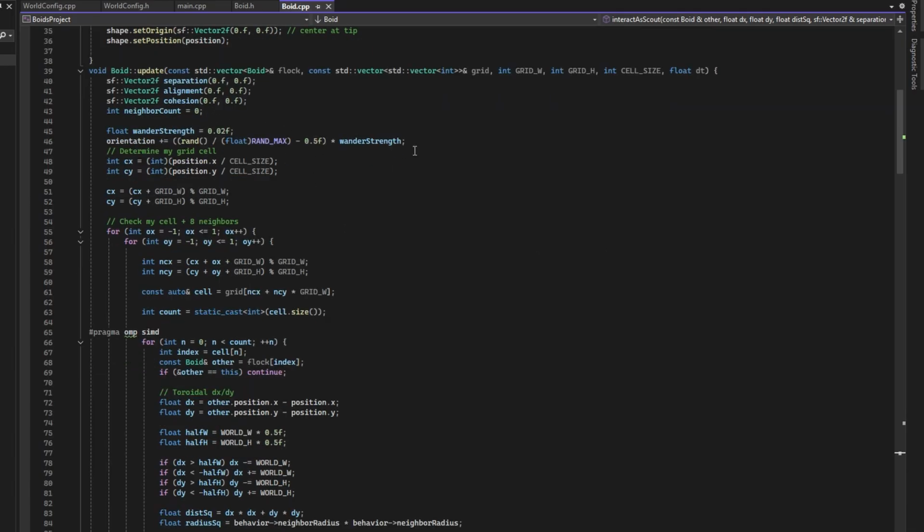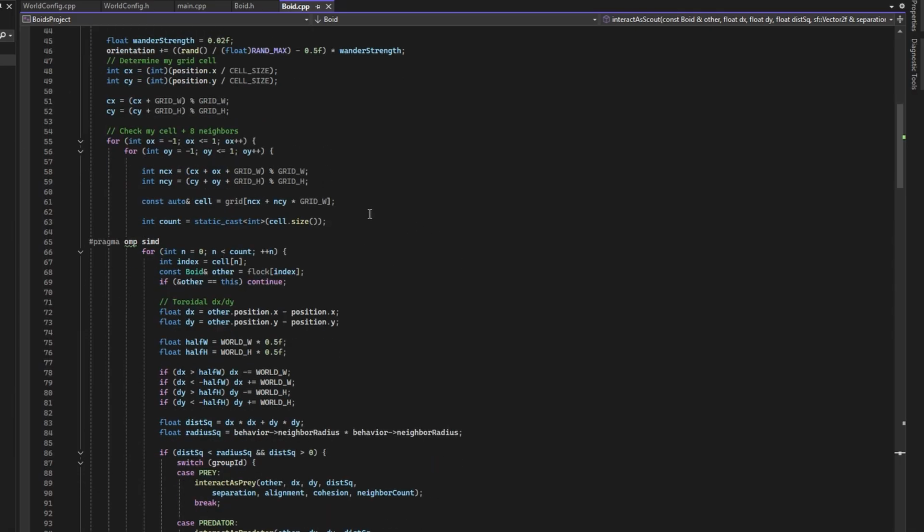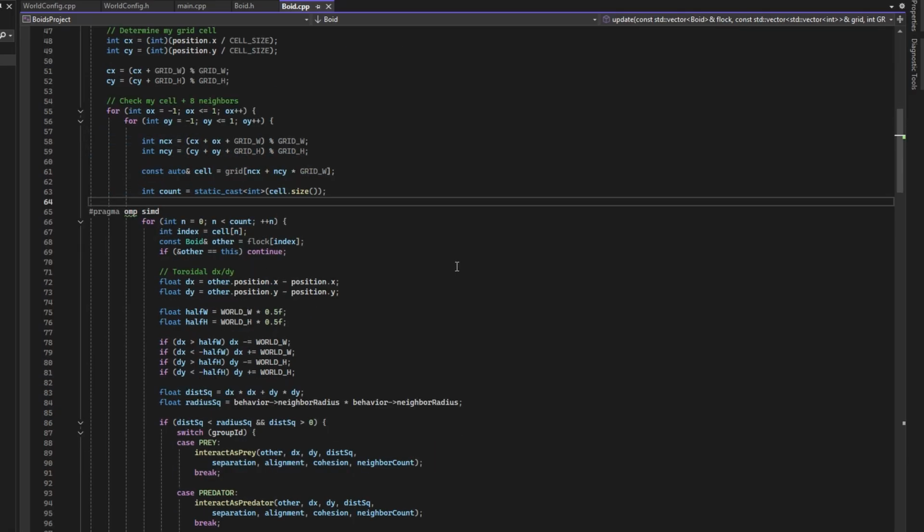This is the wander strength, they just barely wiggle every now and then. This is where they are in the cell, so that they're only looking in the neighboring 8 cells to calculate their friends instead of looking across the entire screen. This is where they check for their cell plus the 8 neighbors.